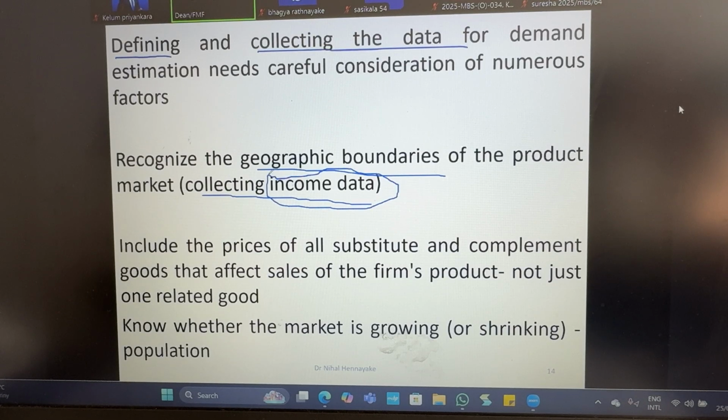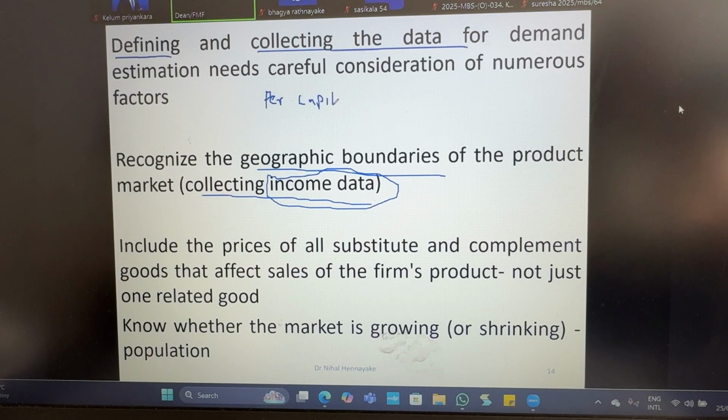You can go for secondary data. What type of secondary data is good for income? In the Central Bank report, we have per capita income, which is the national average.